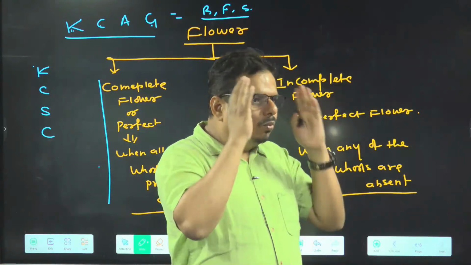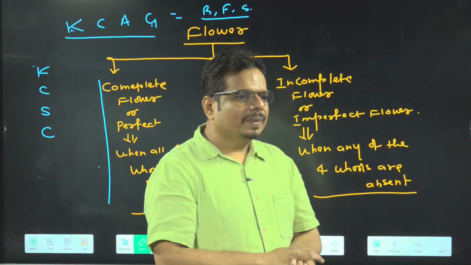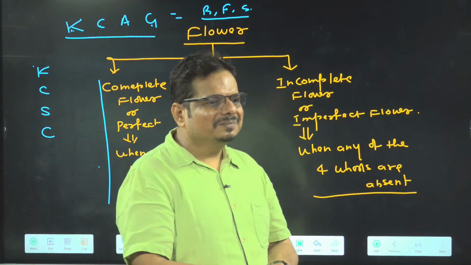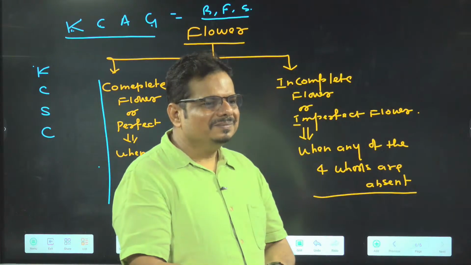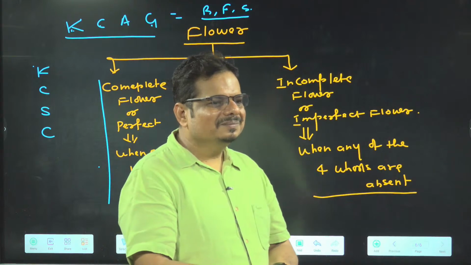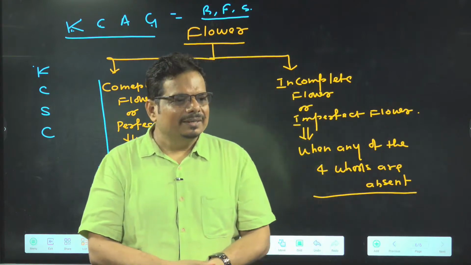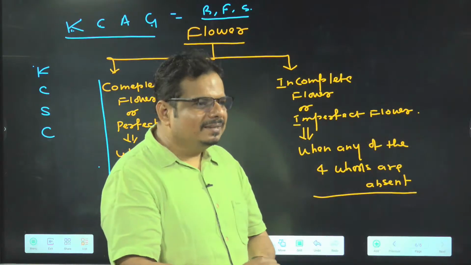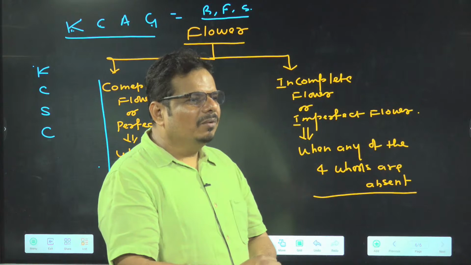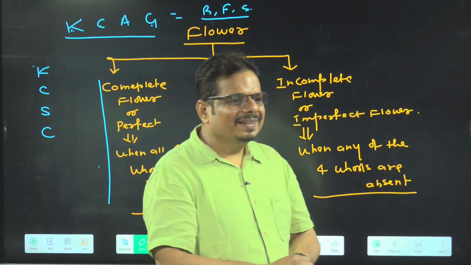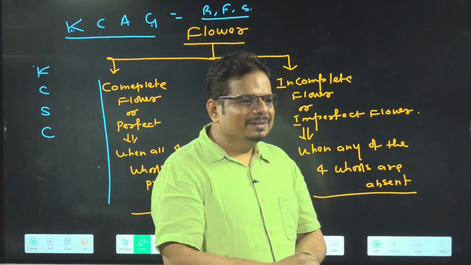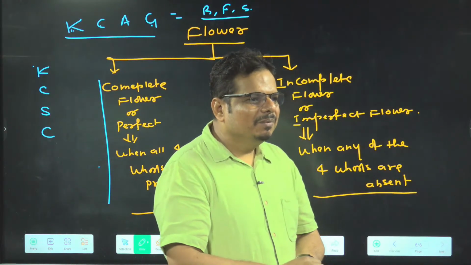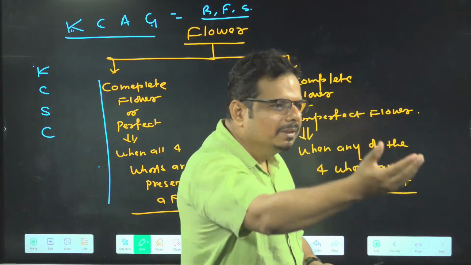So just coolly apply your common sense. Now I am asking, mustard is a monocot or dicot? What answer will you give? Mustard is a dicot. It is written directly in NCERT, not exactly, but in one place. Example of a tap root: what example is given? Mustard. Tap root is a characteristic feature of most dicots. So mustard came, right?